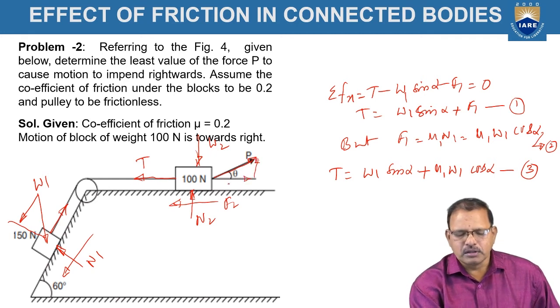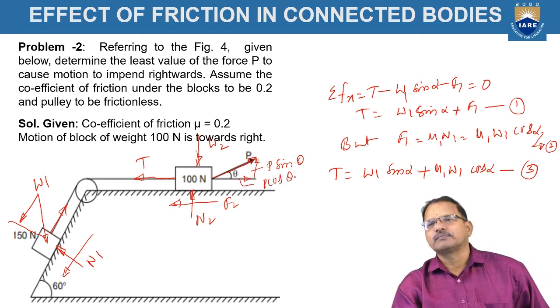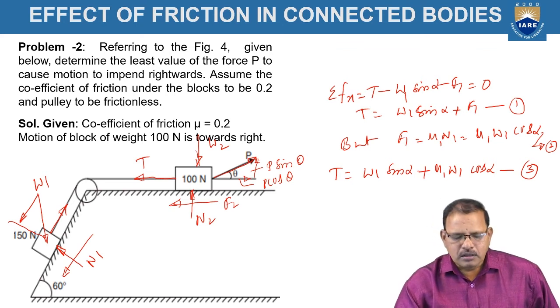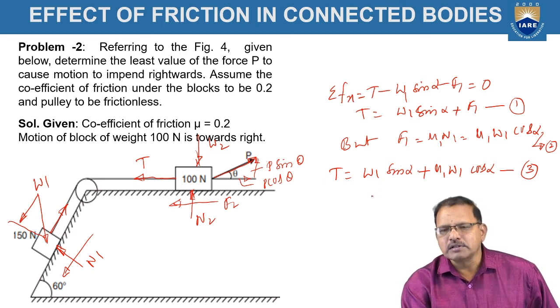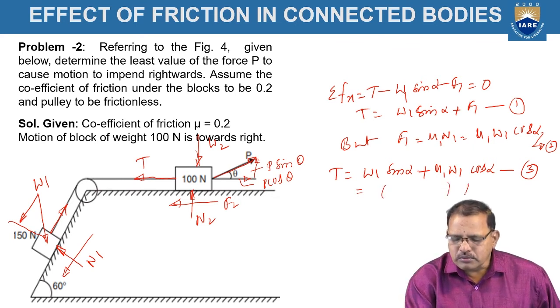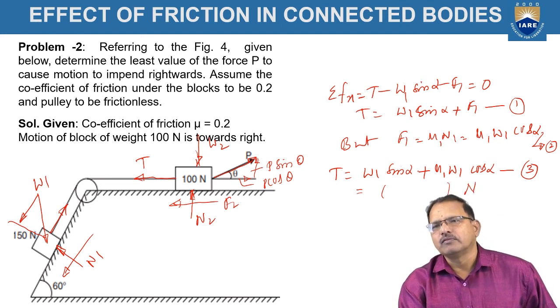The vertical component is equal to P sin theta, and the horizontal component is equal to P cos theta. Since W1 is given and alpha is also given, we can obtain T as a numerical value in newtons.